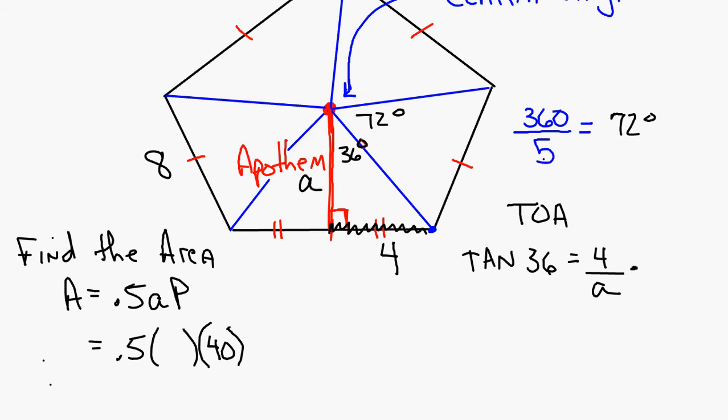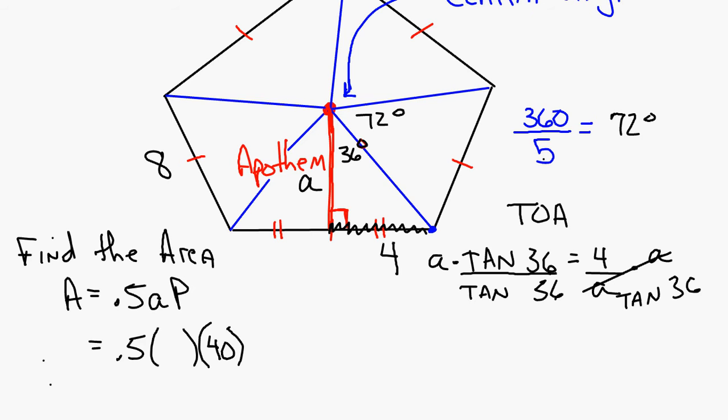So you could multiply each side by lowercase a and then divide both by tan 36, right? So if you take 4 and divide it by tan 36, is it 4 divided by 36 tan equals?